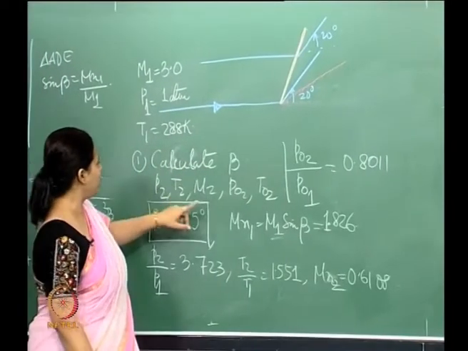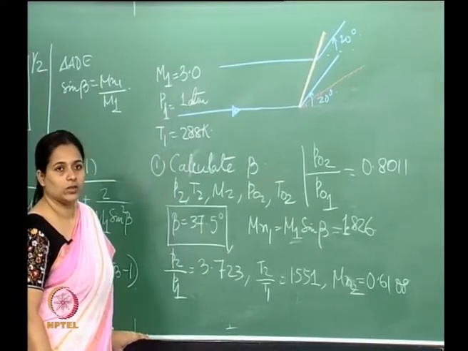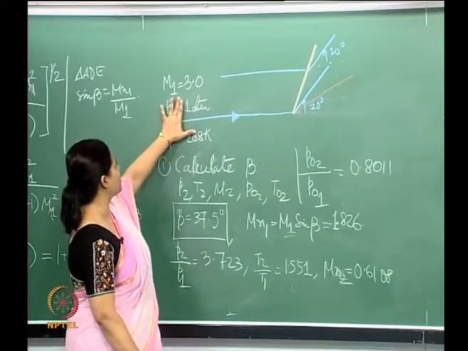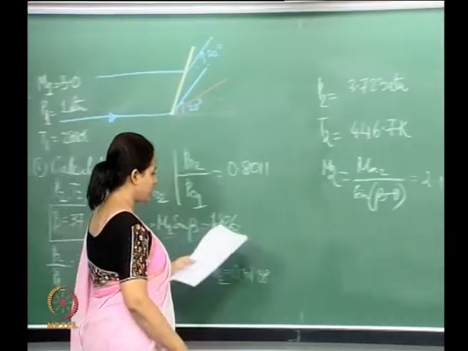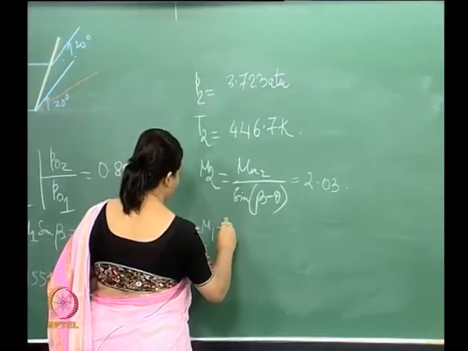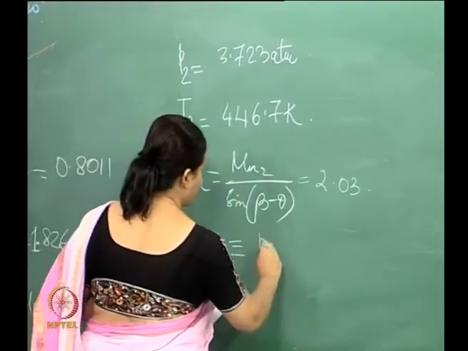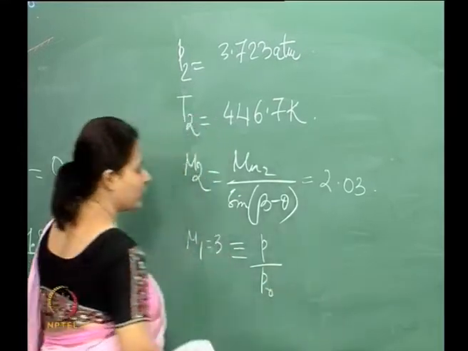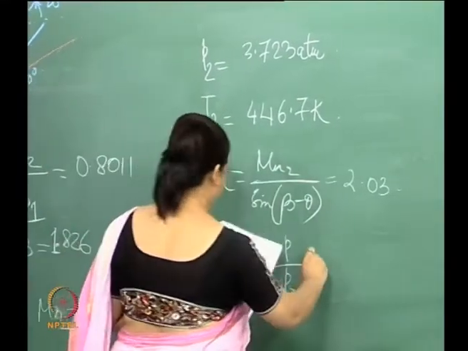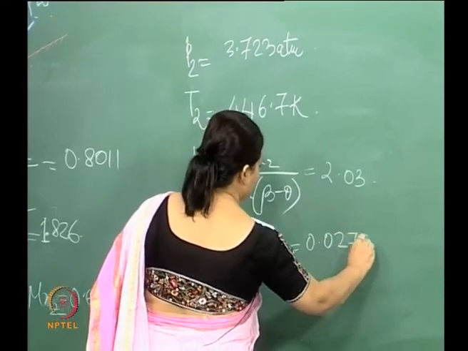Now, the stagnation conditions. How do we find out P naught 2 and T naught 2? Corresponding to this M1, say M1 equal to 3, we get values for P by P naught. This is also from the charts. We get P by P naught to be equal to 0.027.